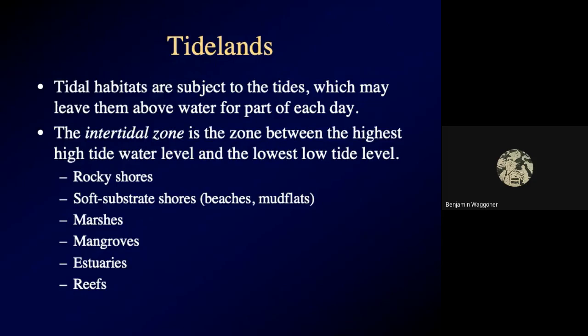There are rocky coastlines in the intertidal zone. If you've ever seen the ocean breaking on rocks, in places like much of the coast of California or Oregon, that is very rocky. Soft substrate shores include sandy beaches, but also mudflats, probably everyone's favorite tidal zone. Down in South Louisiana, where I'm from, there's not a great deal of beach, and there sure as heck isn't any rock.